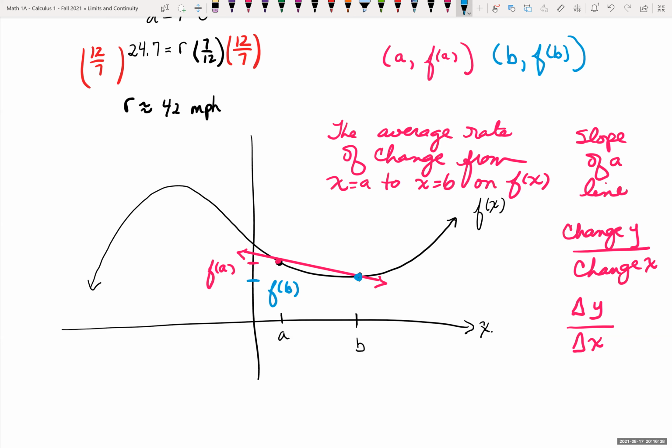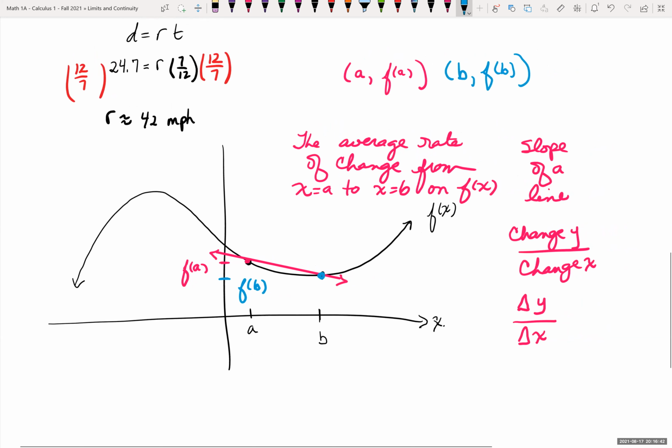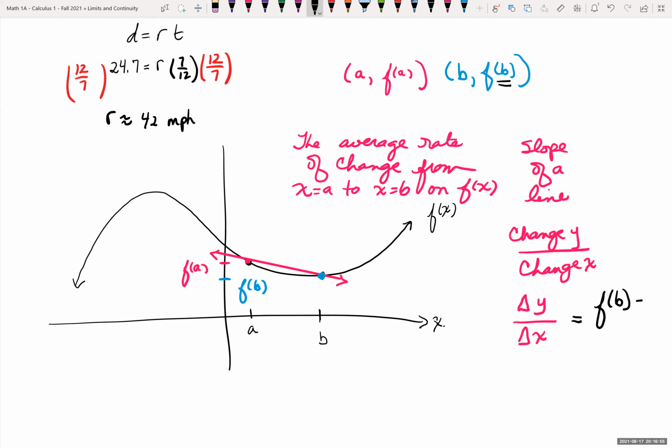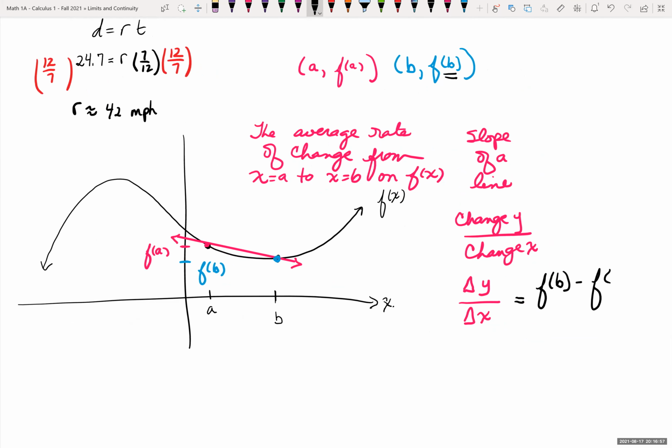So my change in my y value, it really doesn't matter which way you go. I'm going to look at choosing f of b as my first y value. So my first y value, f of b minus f of a, all over my change in my x value.